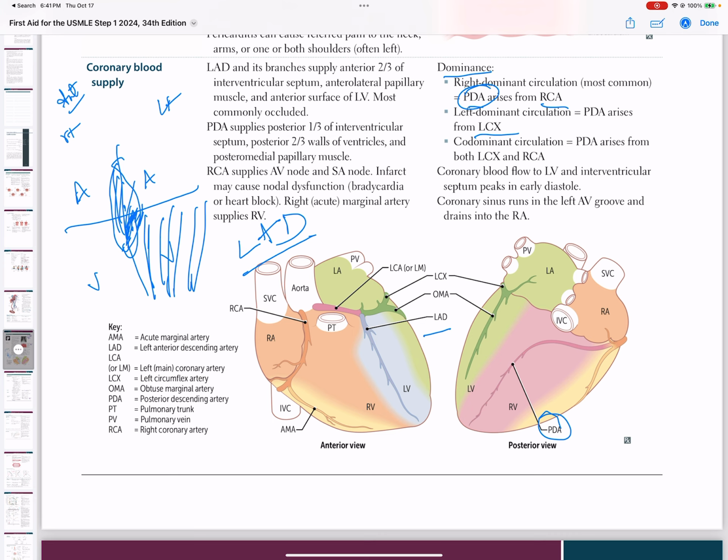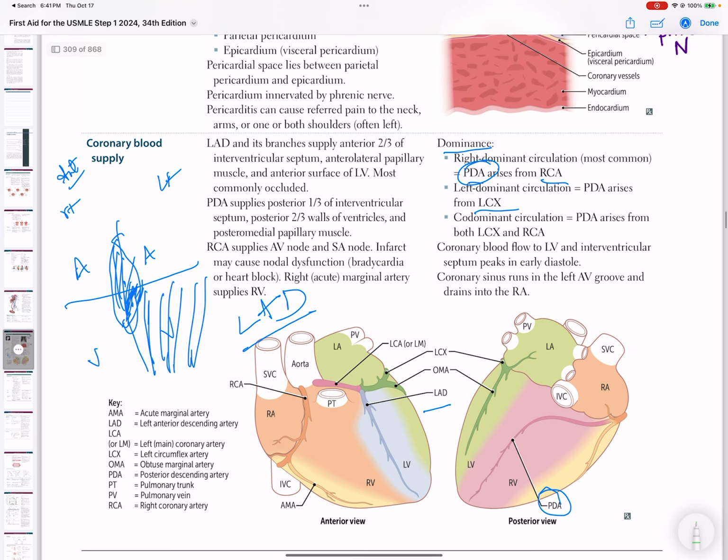Now let's go ahead with the posterior view. Okay, imagine this is again right, this is left, but this is the posterior view. Okay, so posteriorly the interventricular septum 1/3 is supplied by the PDA and the posterior 2/3 walls of the ventricles.